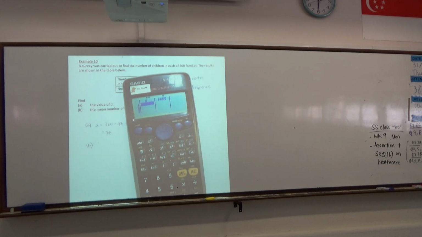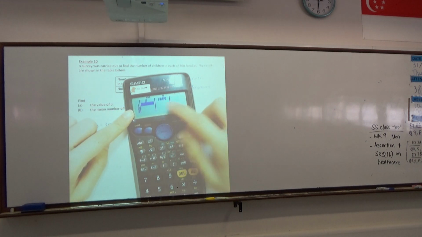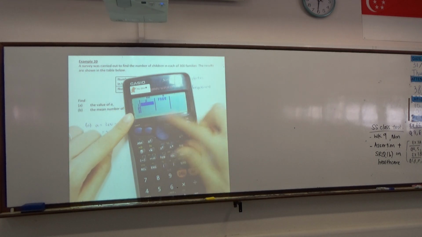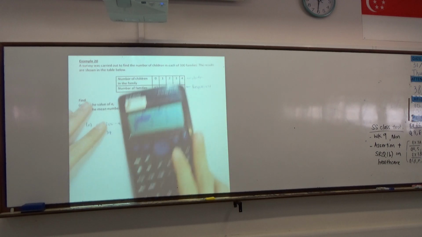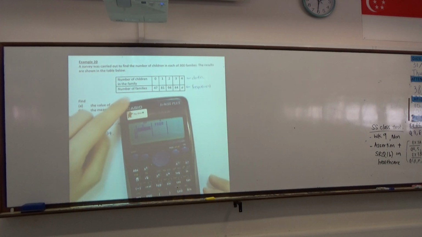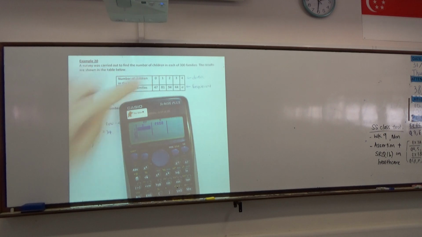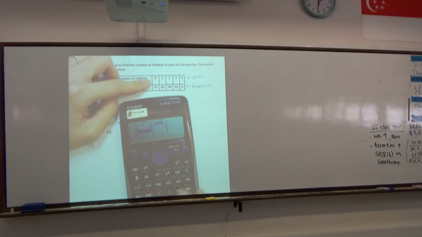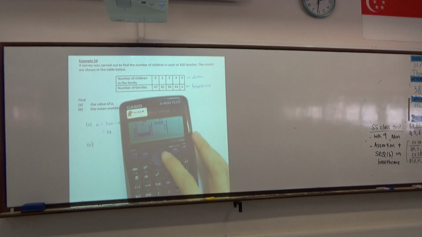So in your usual calculation, go to computing, then in your statistics calculation, go to stat. Then you'll see this table. With the given information, the data is 0, so under X you put 0. You can key in all the data first: 0, 1, 2, 3, 4. Then go to the next column by using the arrows.